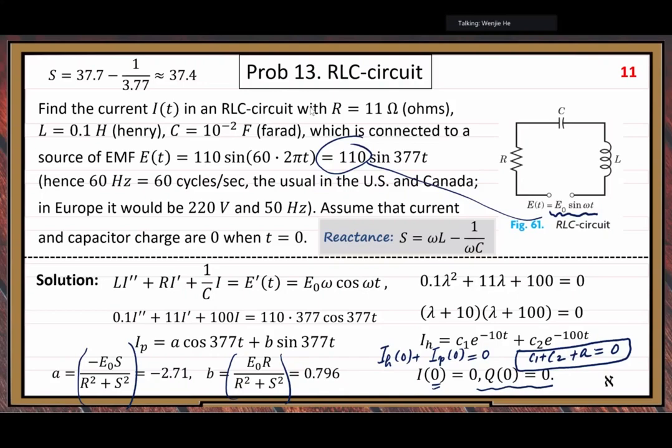So this example tells us something about how to get around the situation. Because at the end, we need to determine little c1, c2, so we need one more equation about c1, c2 to find the final solution.